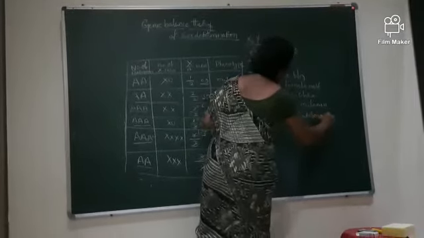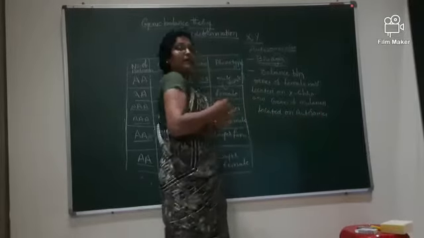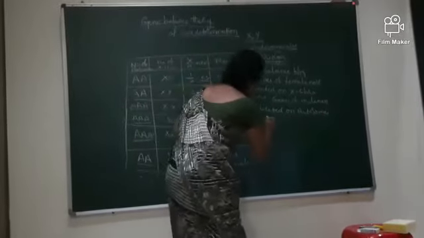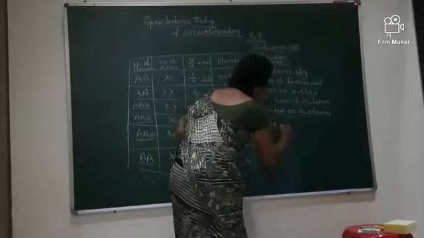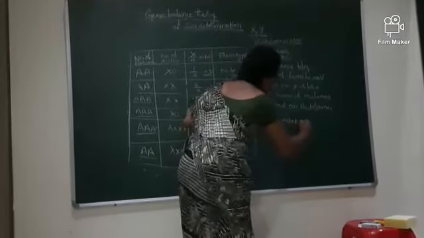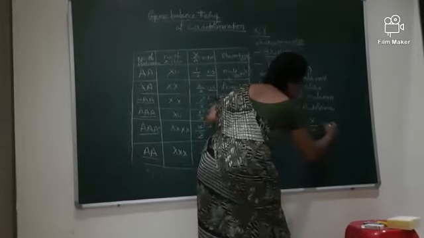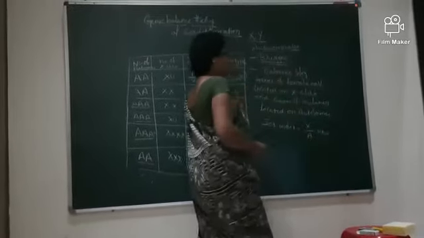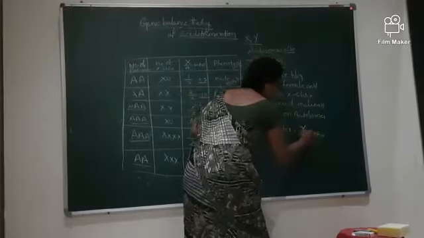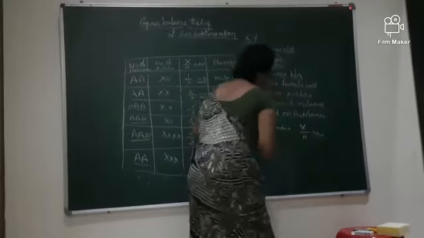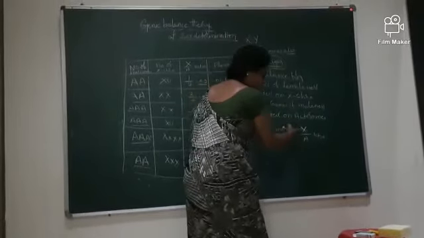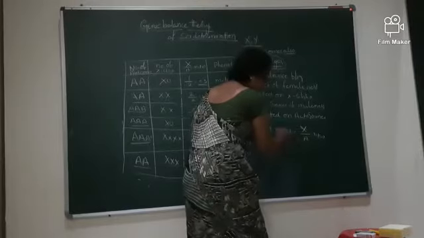By this, he has given a small formula: sex index is equal to the balance between X chromosomes and autosomes, that is the X by A ratio. X is nothing but the number of X chromosomes, and A is the haploid set of autosomes.